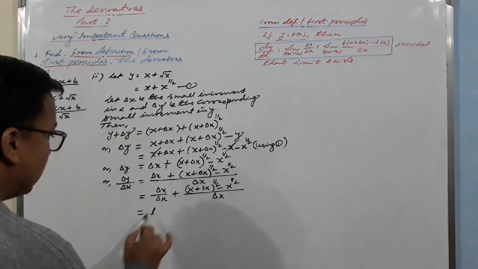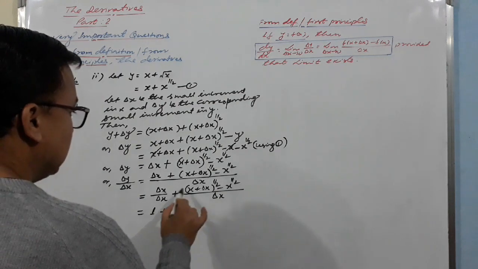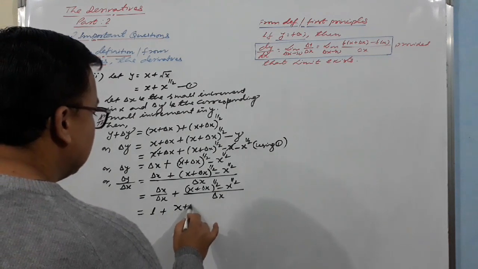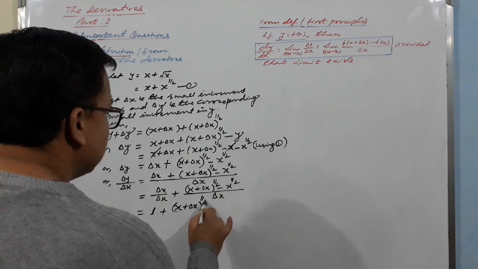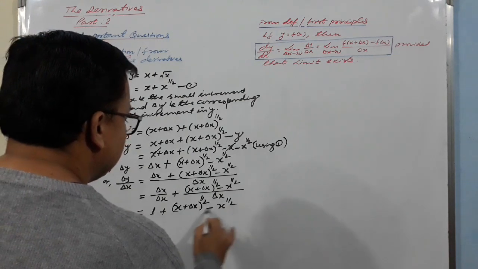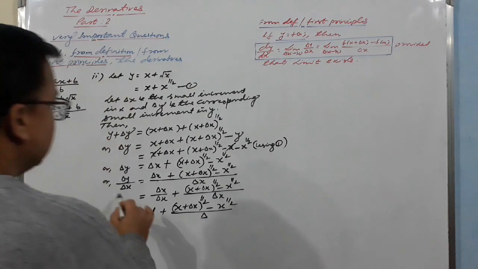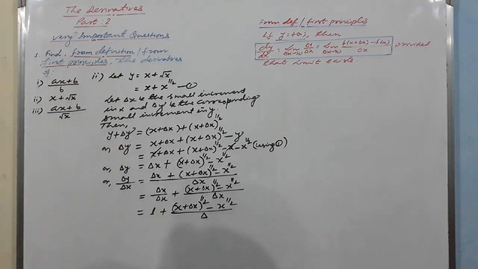Okay, here you are going to get 1 and the plus, same thing you will write down, there will be no change in delta x. Yeah, this is the value of delta y by delta x.